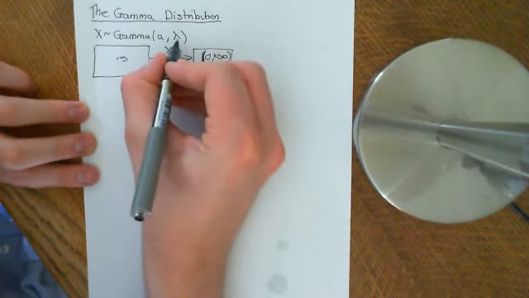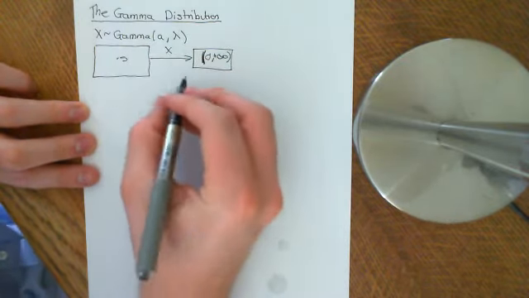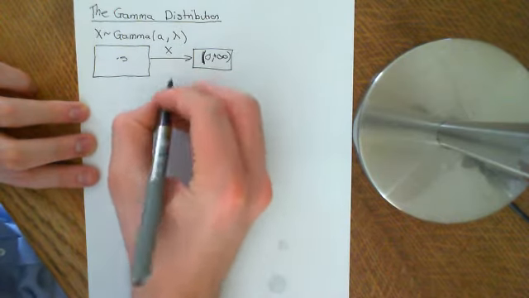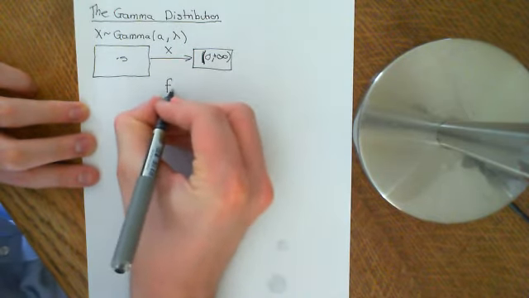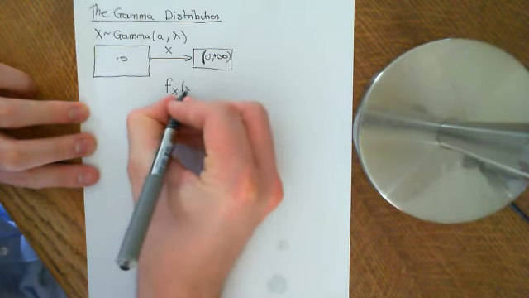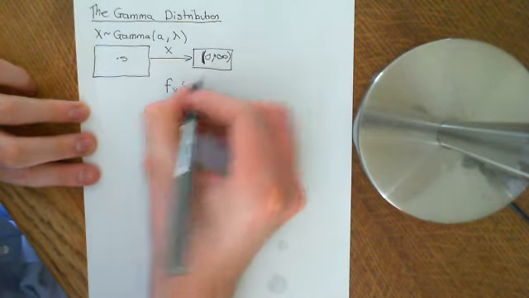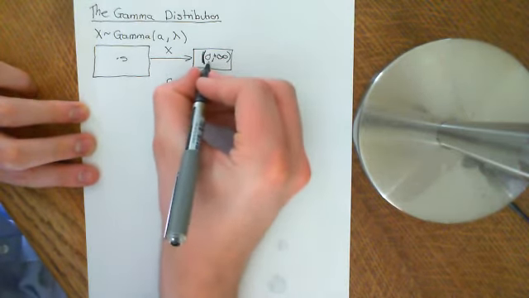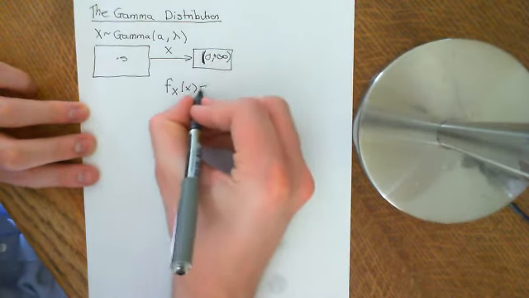If we say that X, this random variable, is gamma distributed with parameters a and lambda, then the PDF of this random variable, f_X as a function of little x, is just defined on the positive real numbers. Everywhere else it's going to be 0, so I'll write that firstly.